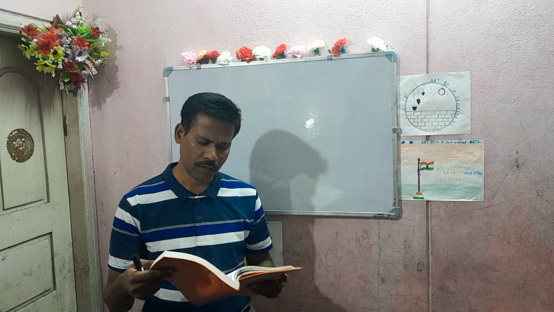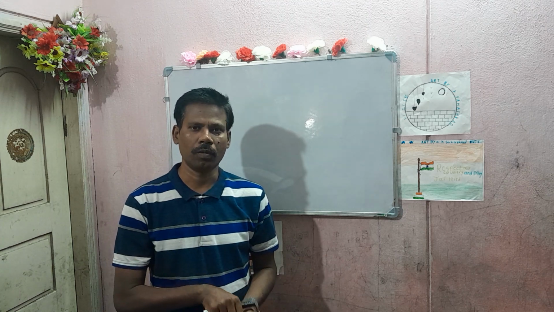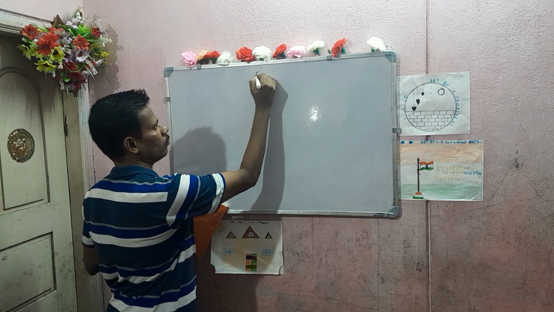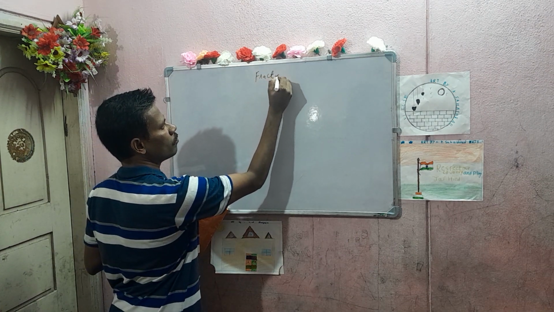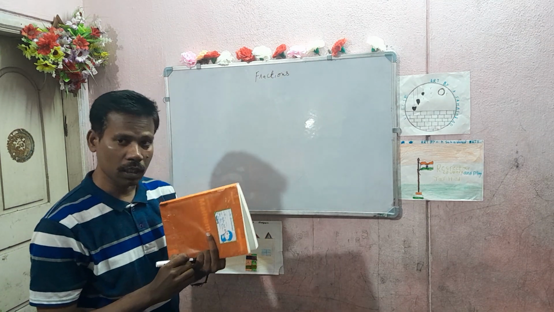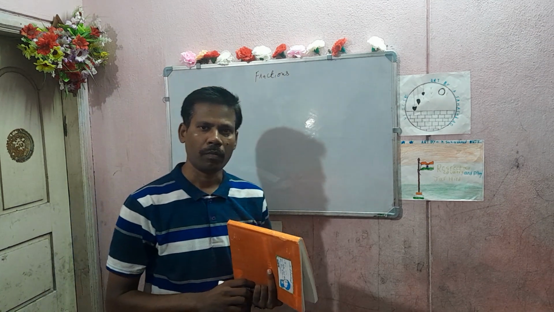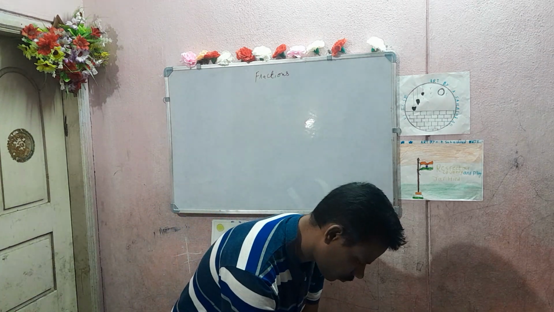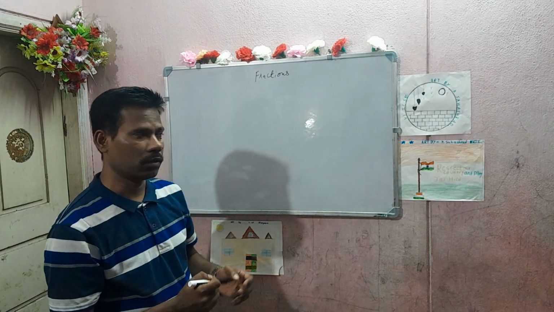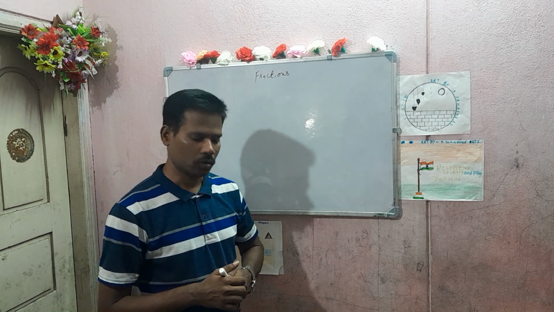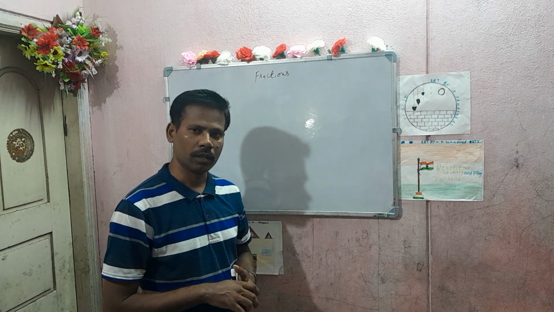What is a fraction? Fraction means it contains two parts. Fraction means part out of a whole. Our chapter is fractions. Fraction is nothing but part out of a whole. Already I think we have discussed in various classes earlier, so let me continue with that.